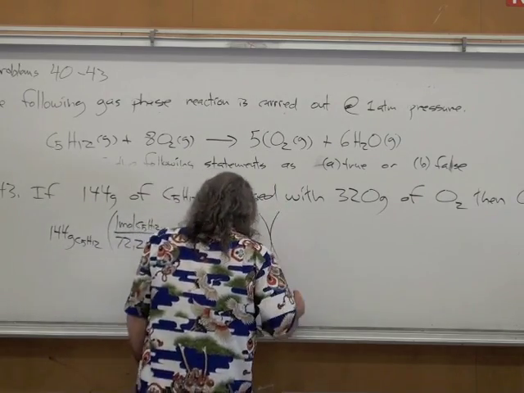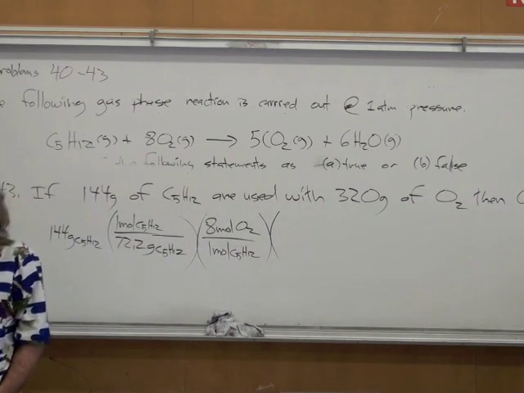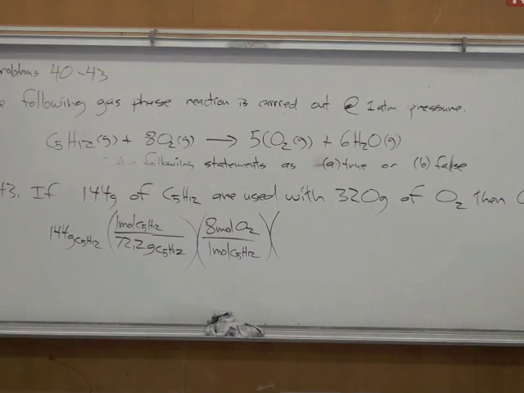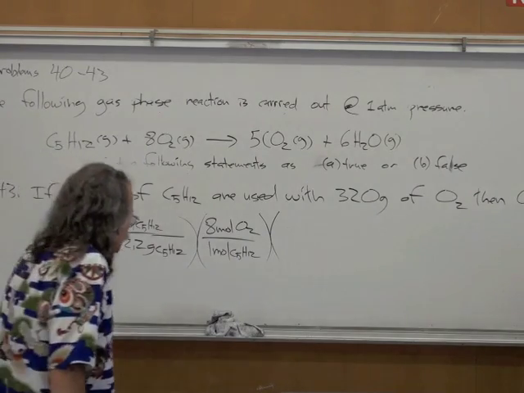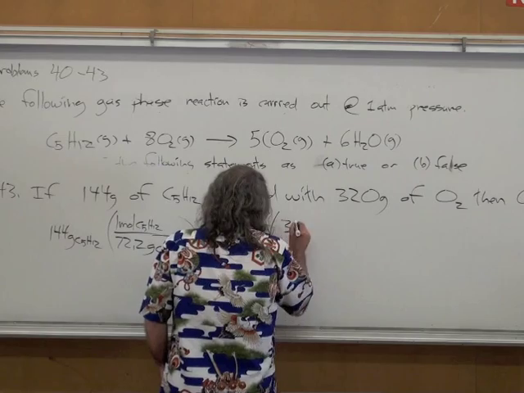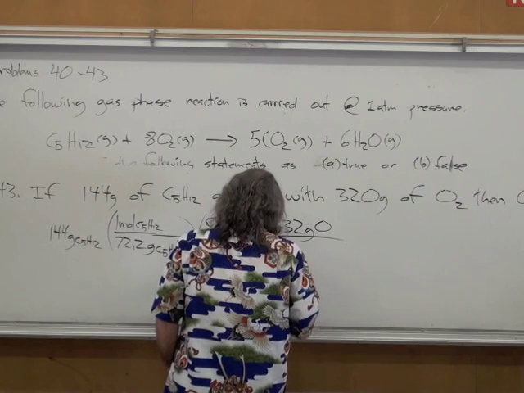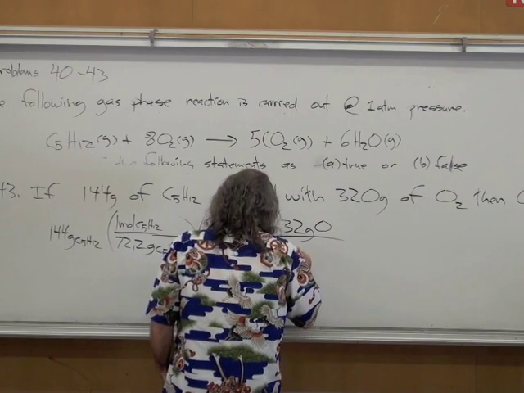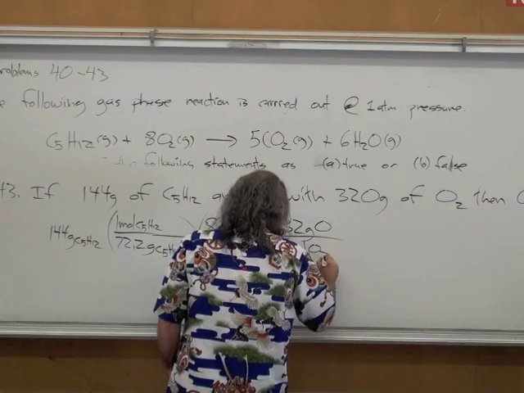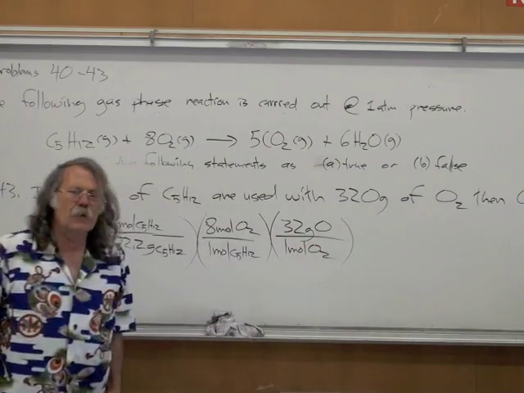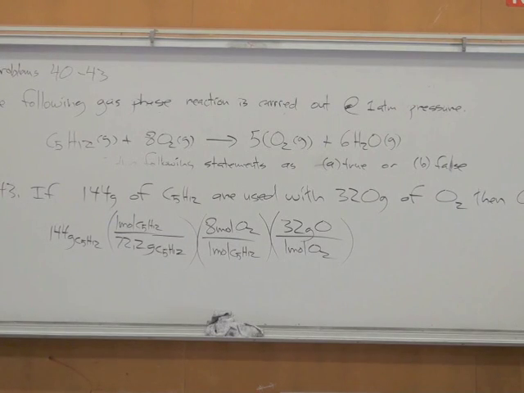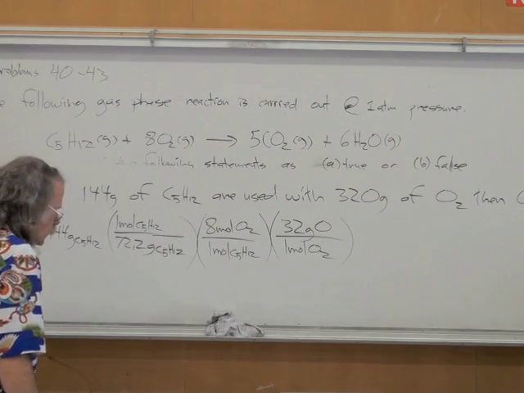And now that I'm in moles of oxygen, I want to go from moles of oxygen to what? Grams of oxygen. And there turns out to be 32 grams of oxygen for every 1 mole of O2. 16 grams per atom, so 32 grams per mole.